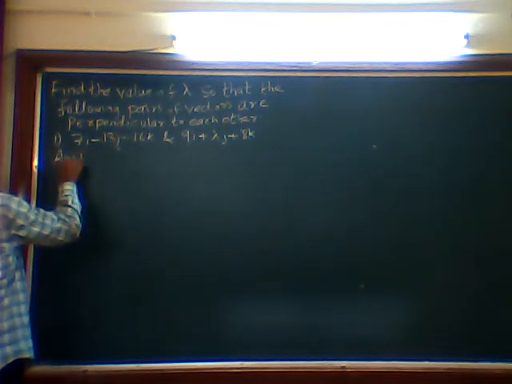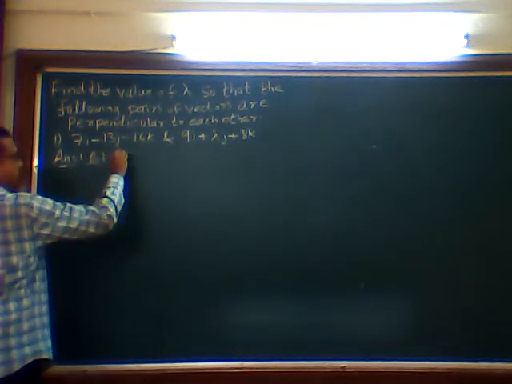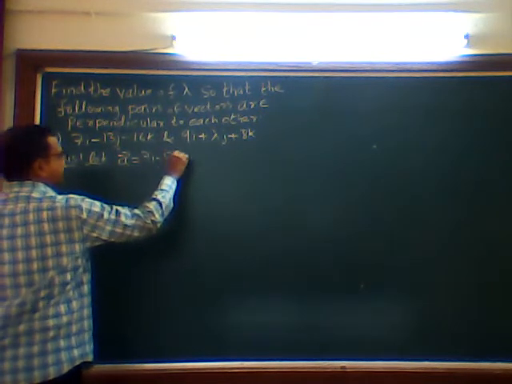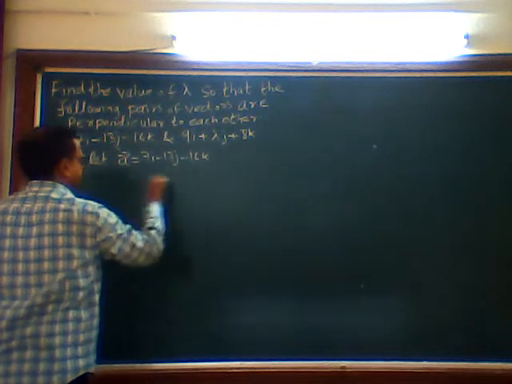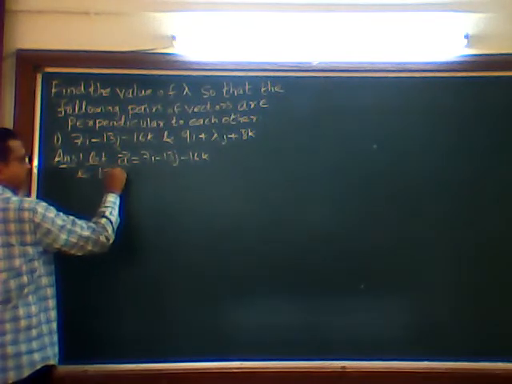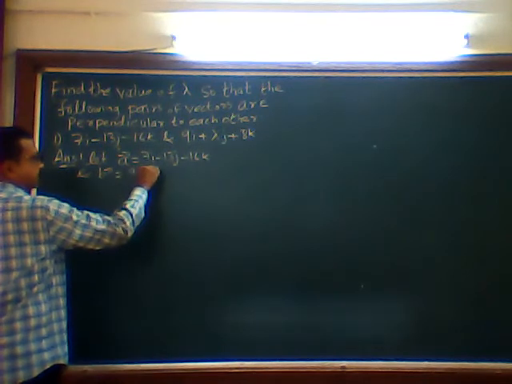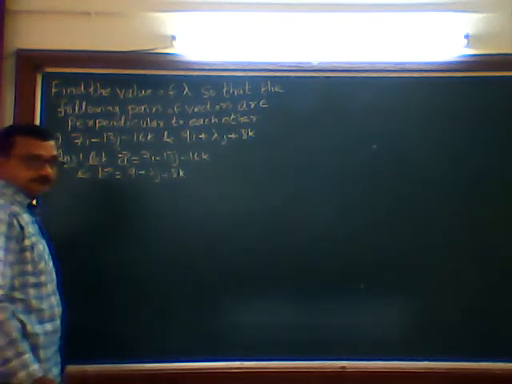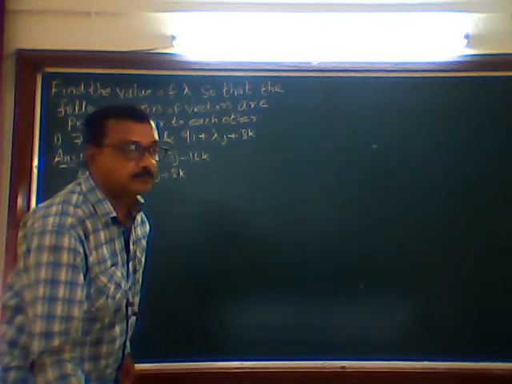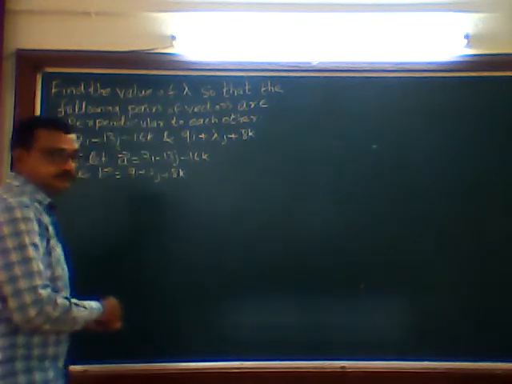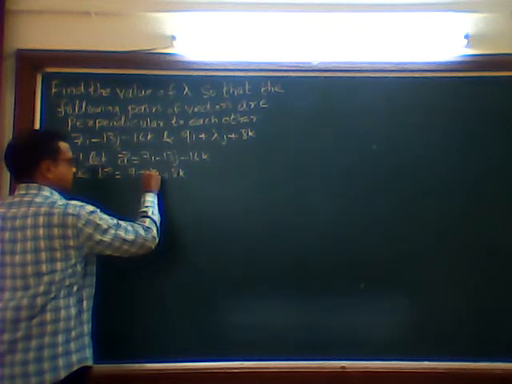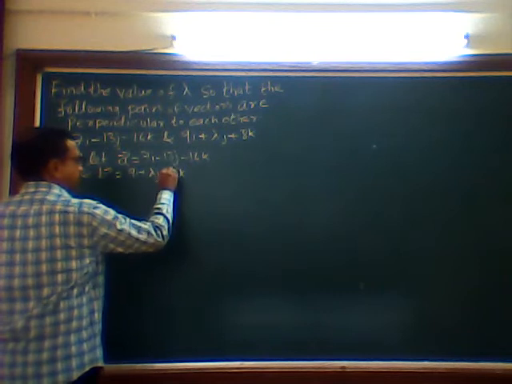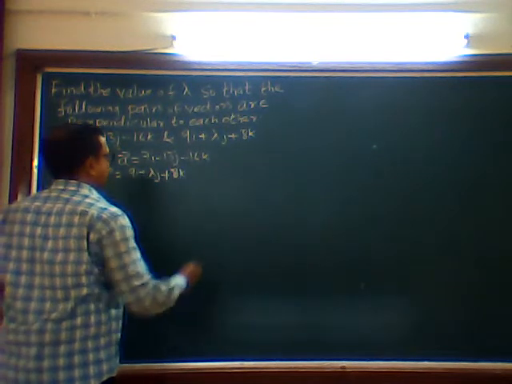So to answer it, first we will denote it. Let a bar is equal to 7i minus 13j minus 16k and b bar is equal to 9i plus lambda j plus 8k. Now here what is it saying?